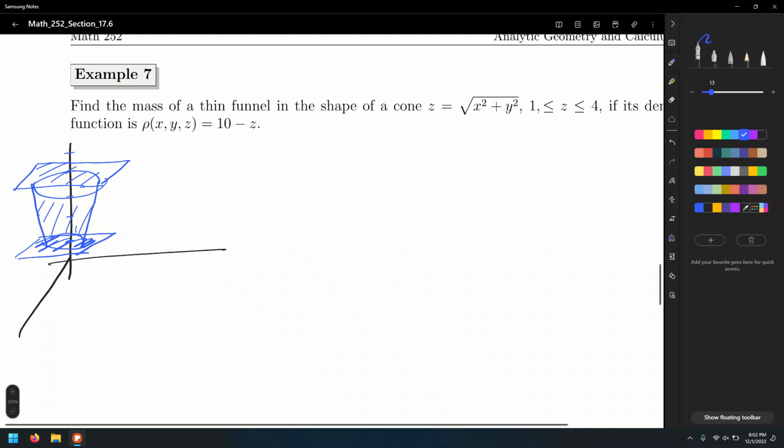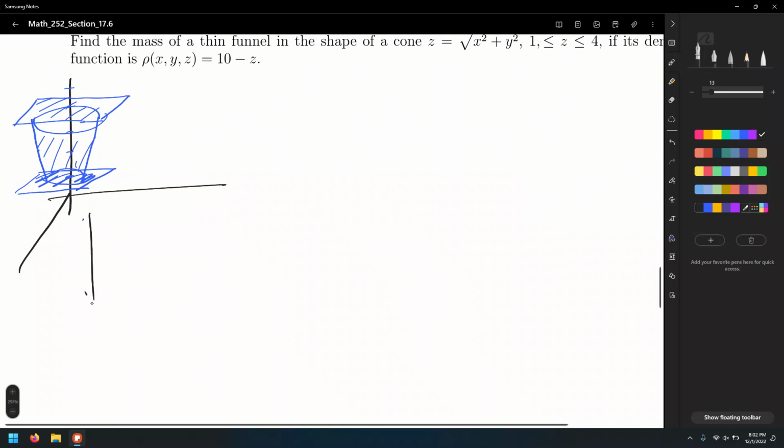And now, careful, because in this case, we have a top larger circle and a bottom smaller circle. So when we look at the projection, we need to be very careful of how that is going to look. So let's look at the projection. That's going to be the shadow.